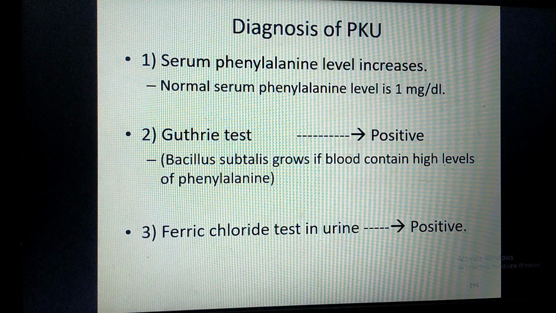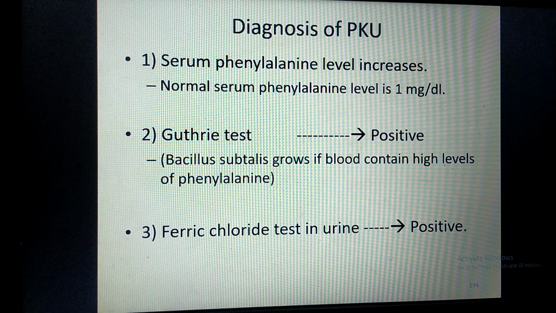Next is the Guthrie test, which is positive. It depends on the growth of Bacillus subtilis, which is grown on a specialized media where inhibitors are present. But when we add the blood of a phenylketonuria patient to that media, that inhibition is overcome and this Bacillus subtilis grows on that media.